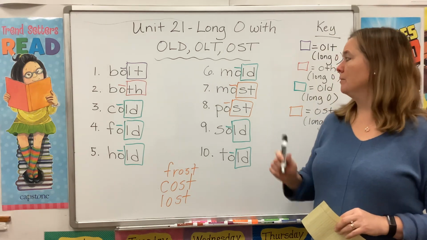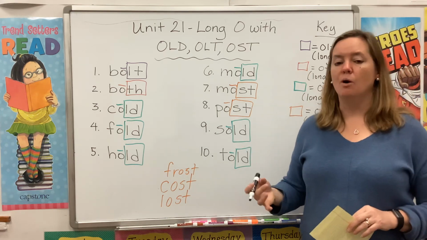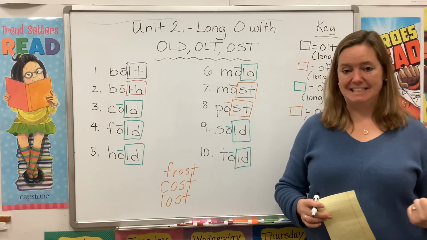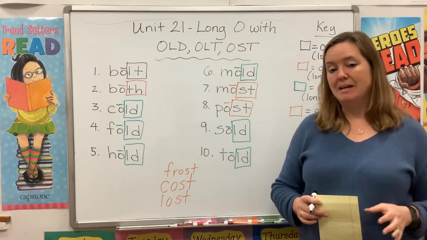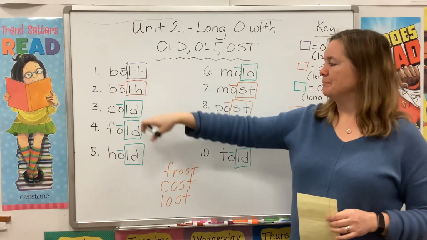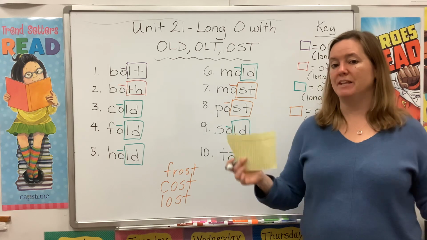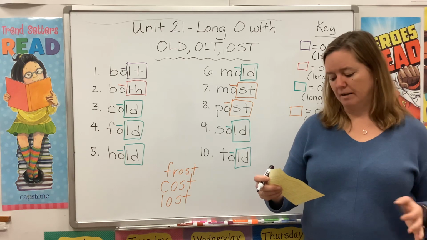Okay? So, 4 different ways to make a long O. Notice none of our words this week contain a bossy E. None of them contain a vowel team. It's just a combination of consonants that for whatever reason, when they show up after the O, they make the O long.